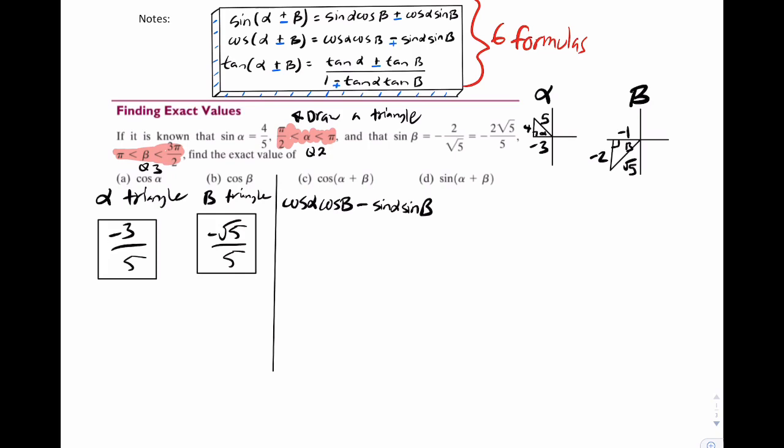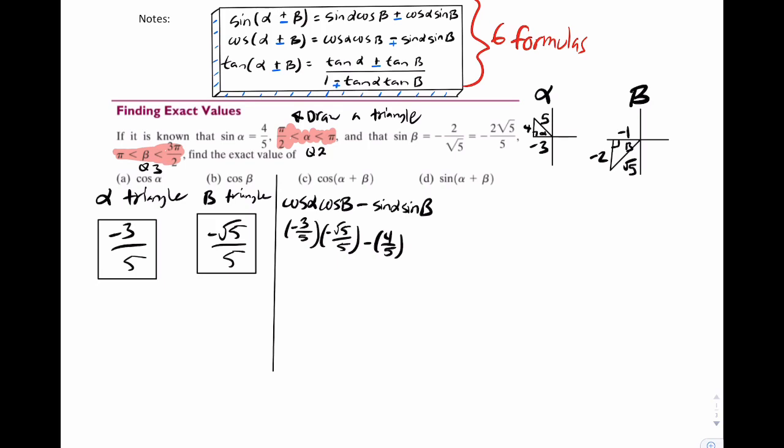Plug it in. Cosine alpha, that is -3 over 5. Cosine beta, that's -√5 over 5. Minus sine alpha. So look at the alpha triangle, sine alpha, that is 4 over 5.